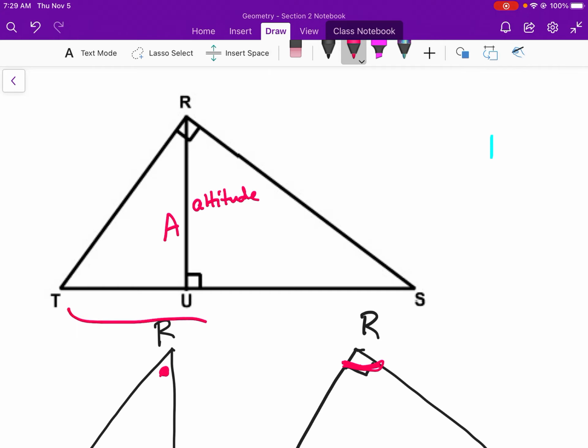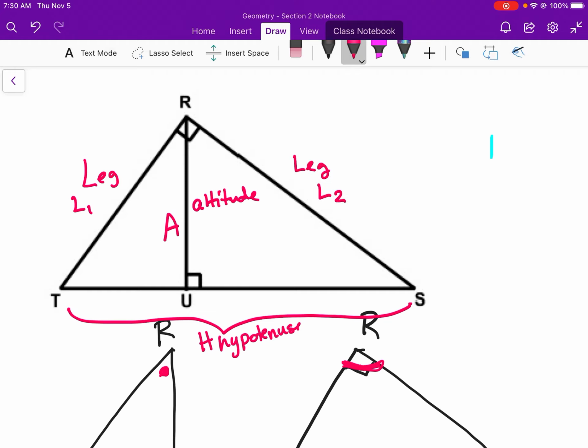And then this side here is the big giant hypotenuse, and that's going to be the letter H. This side, RT, is going to be a leg, and I'm going to call it leg number 1, or L1. This side over here is a leg, so I'm just going to call it L2 for leg 2.